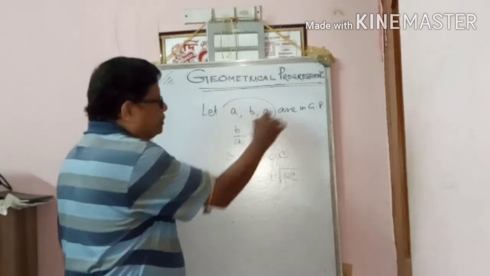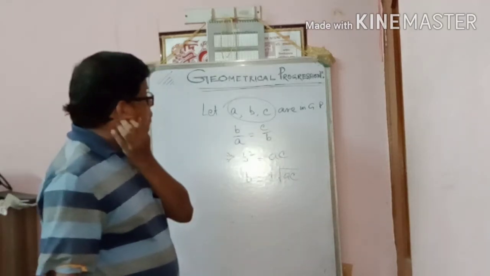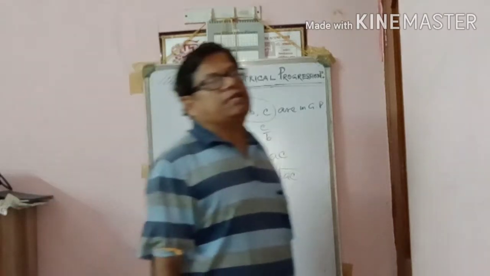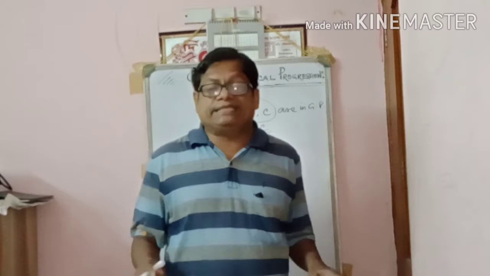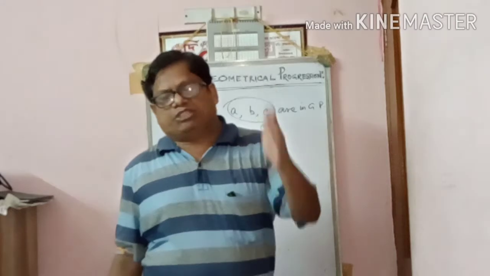If the numbers are positive, we can write the positive sign only, okay? So here B is called the geometrical mean, GM. So B is called geometrical mean, keep in mind.